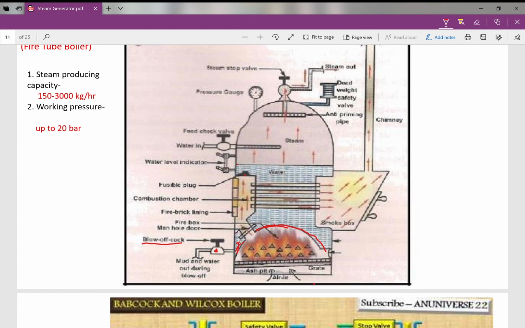Water is settled up to here. During operation of the boiler, if the water has any sedimental parts, sand and so on, that should accumulate over here, and if we open this valve, due to the pressure of steam and water, it will go out. So for cleaning of these sediments, sand and all, the blow off cock is used; the word off means it is allowed to go out.